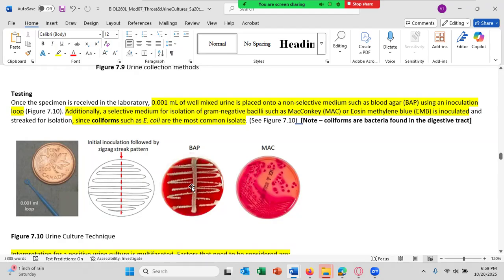And then you also take this urine and streak it on a MacConkey's plate or an EMB plate, and that's to grow gram negatives. You will get gram negatives growing on the BAP, blood agar plate, but you'll also get gram positives. On the MacConkey's and the EMB, you'll only get gram negatives.